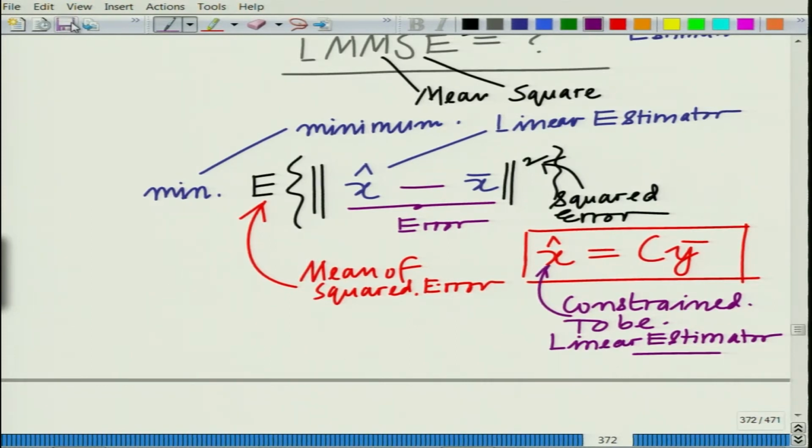If x hat is not necessarily linear, if x hat is an arbitrary function of y bar, which can be linear or non-linear, then it becomes the MMSE estimator, simply the minimum mean squared error estimator, that is the best estimate x hat such that expected value of norm x hat minus x bar square is minimized. If x hat is the best estimator amongst all estimators, then it becomes the MMSE estimator. If it is best only among the class of linear estimators, it becomes the LMMSE estimator, the linear minimum mean squared error estimator.